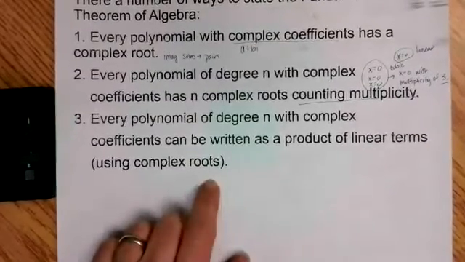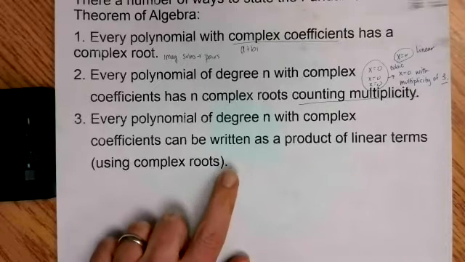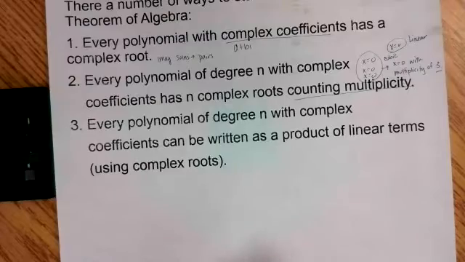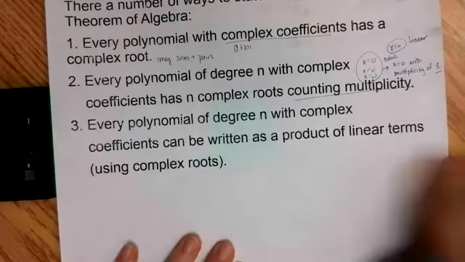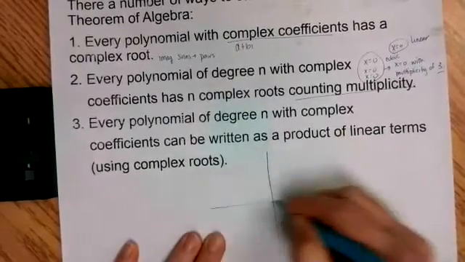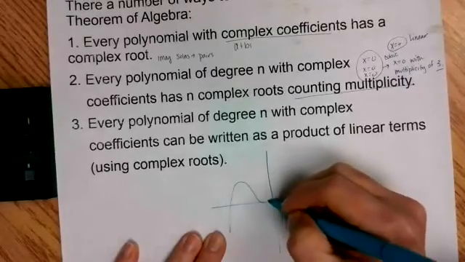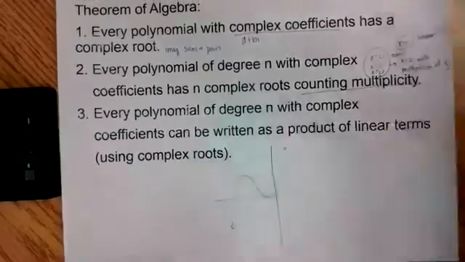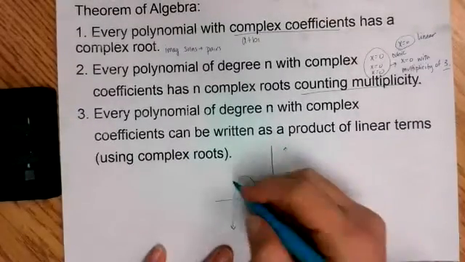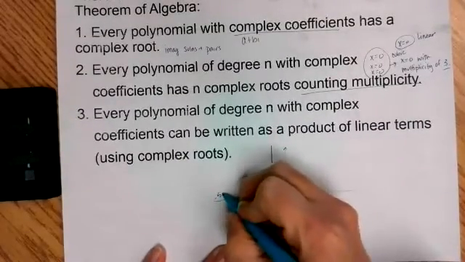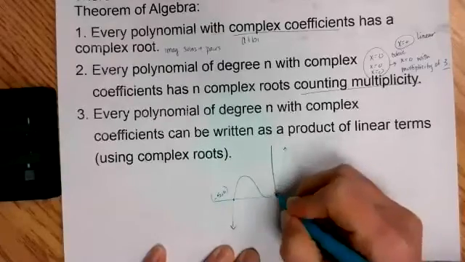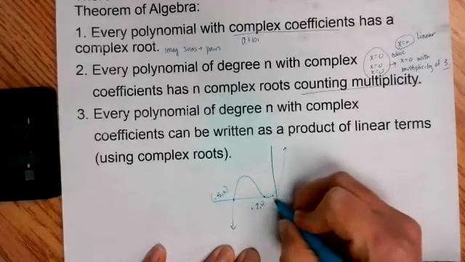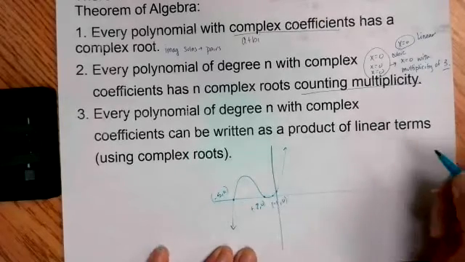All right, then every polynomial of degree n with complex coefficients can be written as a product of linear terms using complex roots. So in the Delta Math from yesterday, there were some questions where they asked you to find the equation for a polynomial function. So if I have this point as -5, 0, so I accidentally went below the x-axis, so I'll make this point as -2, 0, and then this point at -1, 0, and then I can find my y-intercept.